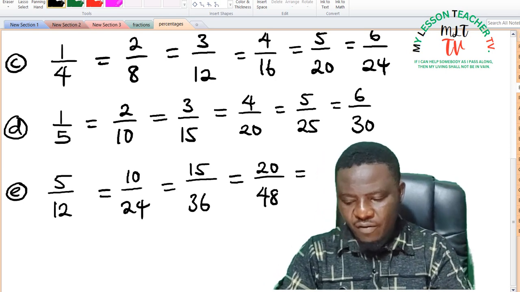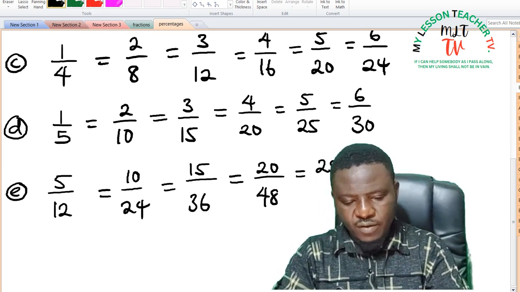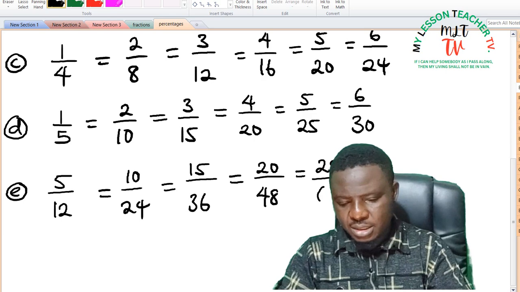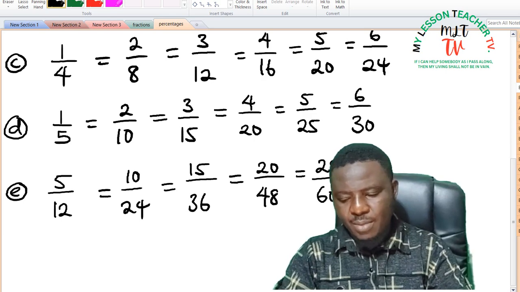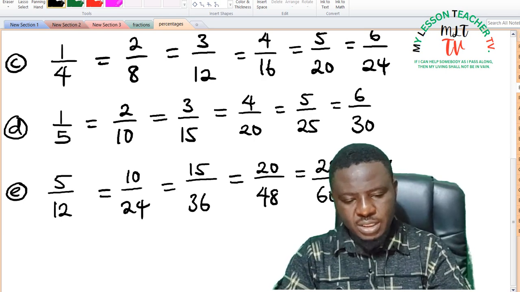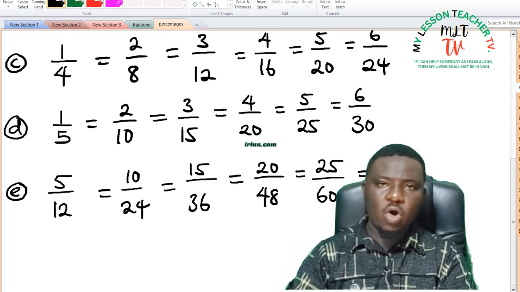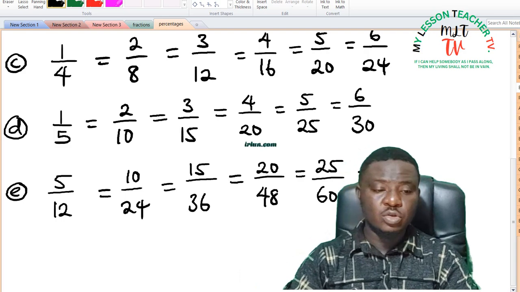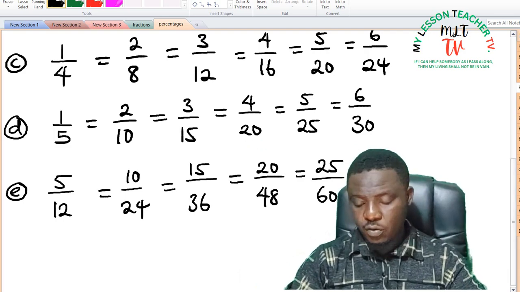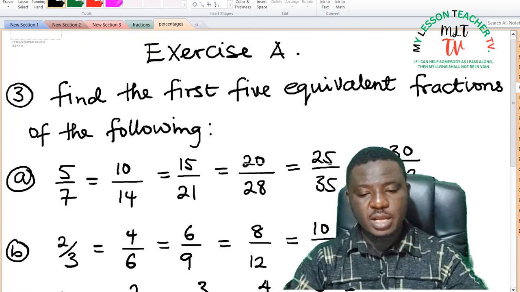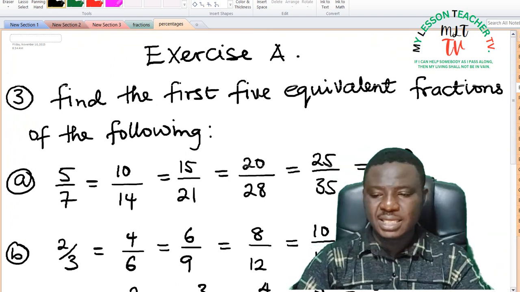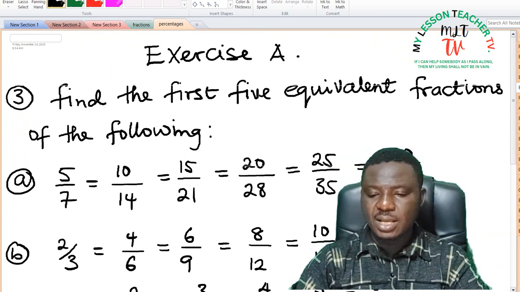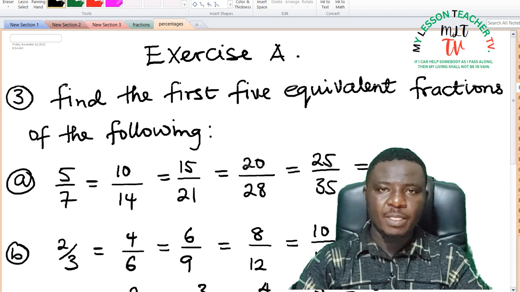When you multiply by 5, it gives you 25 divided by 60. And when you multiply by 6, it gives you 30 divided by 72. So all these are equivalent fractions to 5 over 12. That brings us to the end of today's class in exercise A, question number 3.